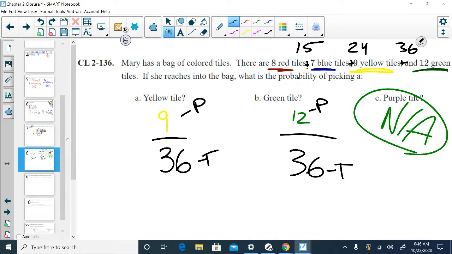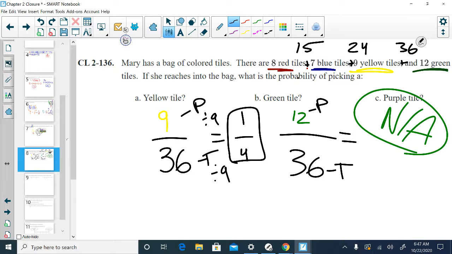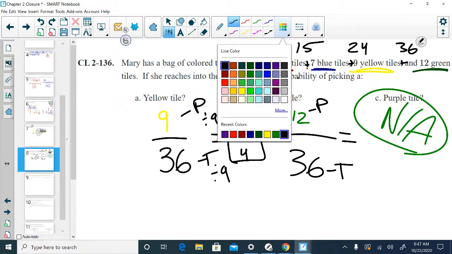So now we're going to look at, can we reduce these? Okay, well, 9 and 36. Ooh, 9 goes into both of those, right? So if I do 9 divided by 9, it gives me 1. 36 divided by 9 gives me 4, 1/4. Nice and easy. Now we're looking at 12 and 36.